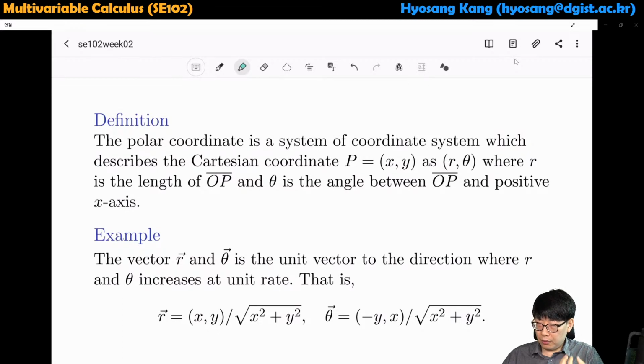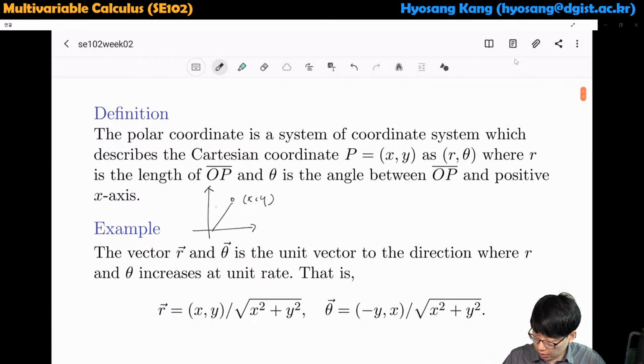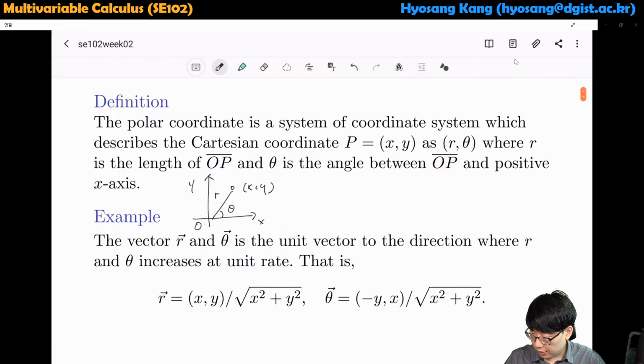That represents another coordinate system in two-dimensional space, namely if you have Cartesian coordinates x, y, then there are other ways to locate your point: by taking the length between the origin 0 and the point (x, y), and taking the angle from the positive x-axis to this line, the ray from the origin to the point (x, y), in the counterclockwise direction.